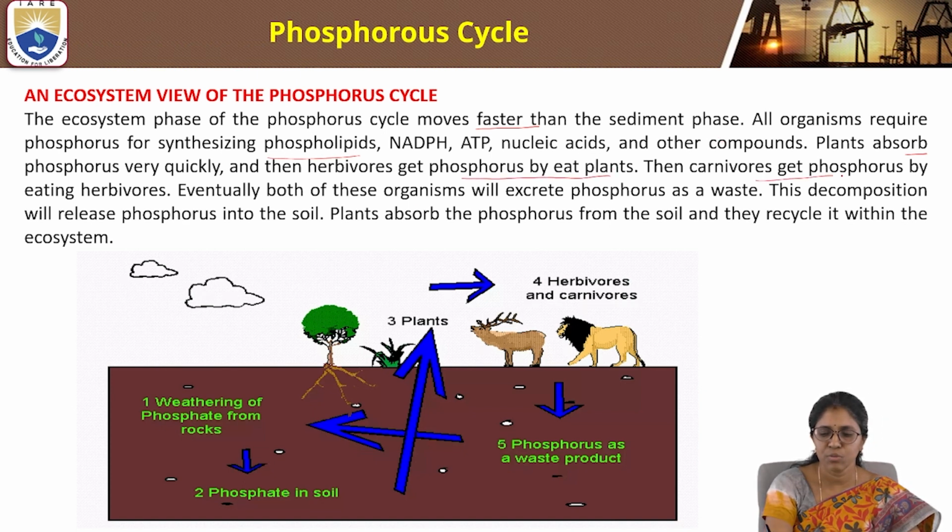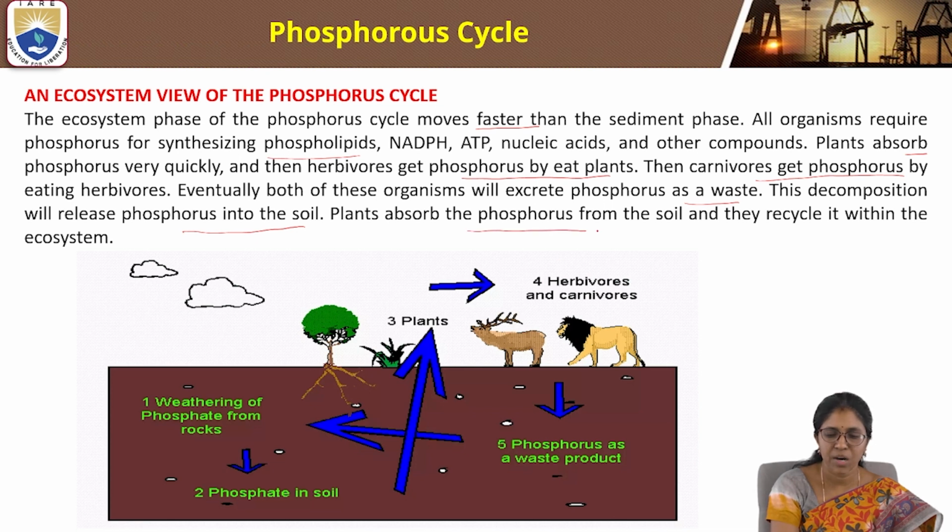Carnivores get phosphorus by eating herbivores, and eventually both herbivores and carnivores excrete phosphorus as waste. Decomposition releases phosphorus into the soil.